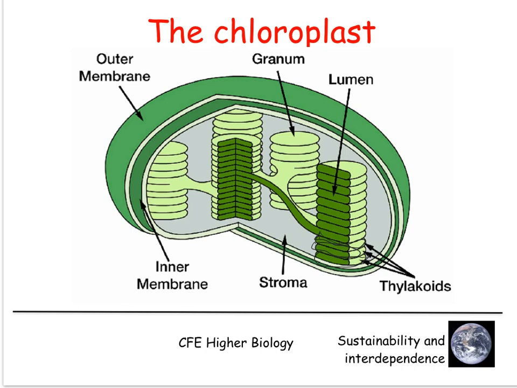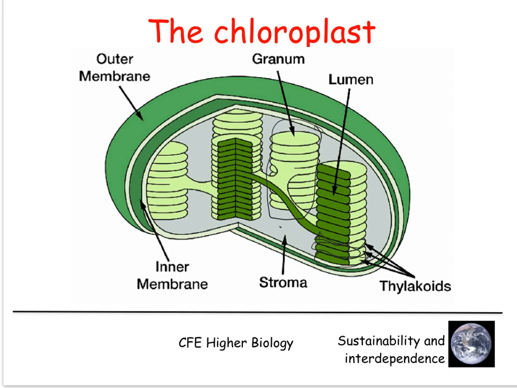When they're stacked up, it forms something called a granum, and the photosynthetic pigments are all contained within the grana. This is the part where the light dependent stage of photosynthesis takes place.